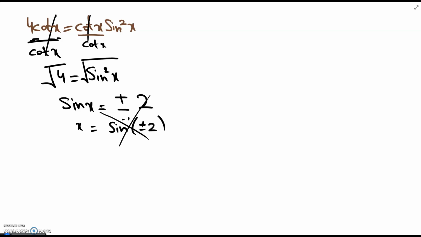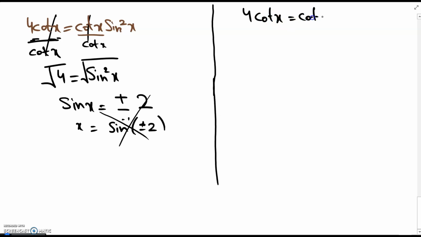Instead of dividing by cot x on both sides, I will use a different algebraic strategy, because you cannot cancel out one trigonometric function. So you write 4 cot x equals cot x sine squared x. I will take the right side term onto the left side.